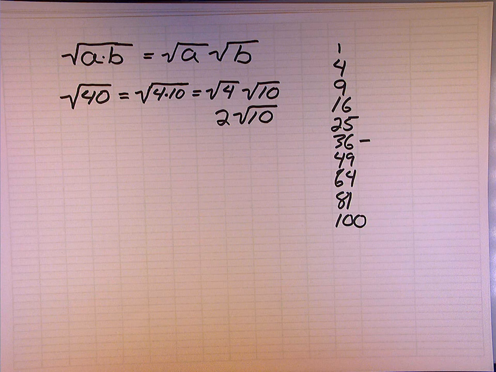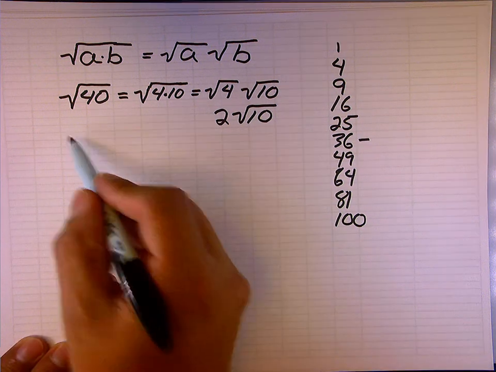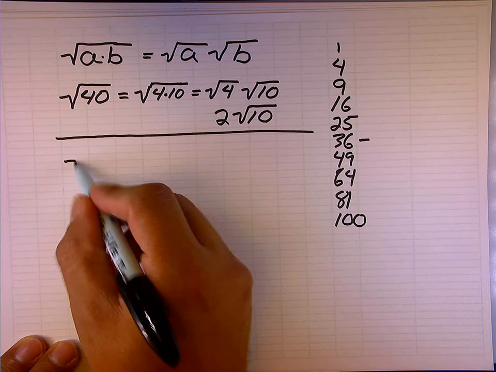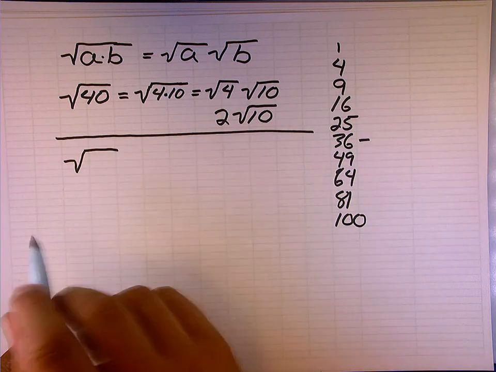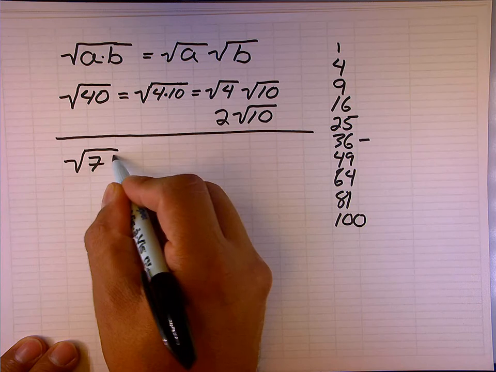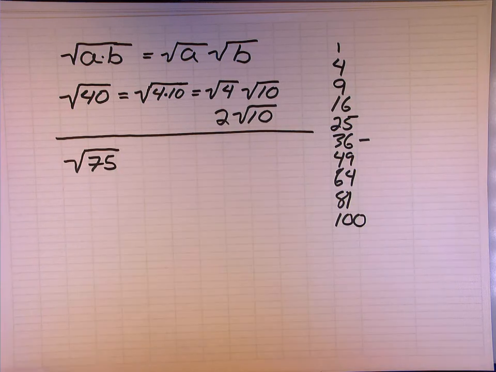Now, let's look at another example of reduced radical form. One more example in this format, such as the square root of 75.